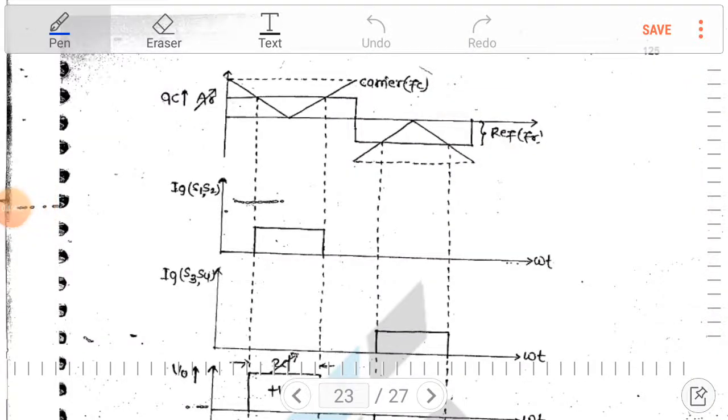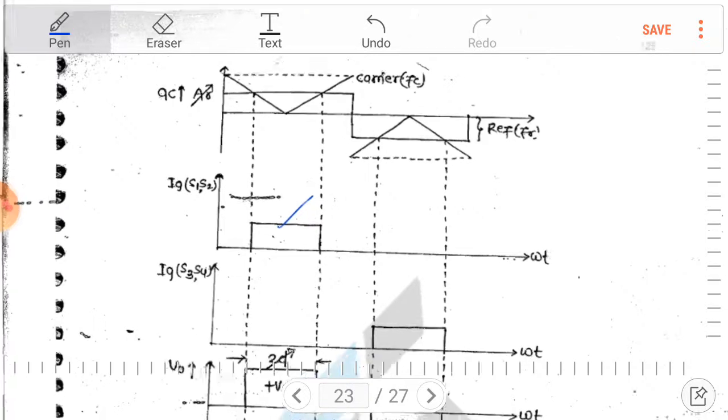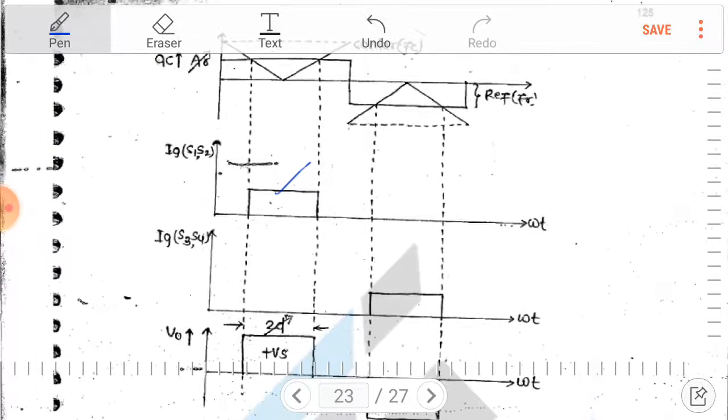Graphically, we can see the pulse width modulation. Here the triangular wave is used as carrier and the square wave as reference. When the carrier is greater than the reference, S1 and S2 are switched on, and when the carrier is less than the reference, then S3 and S4 are switched on.